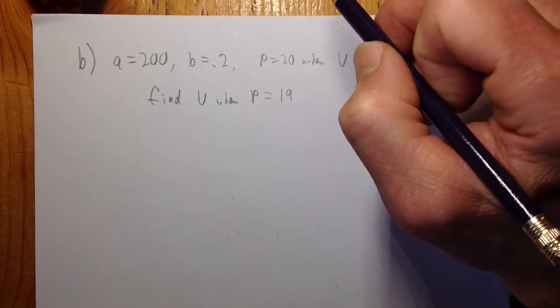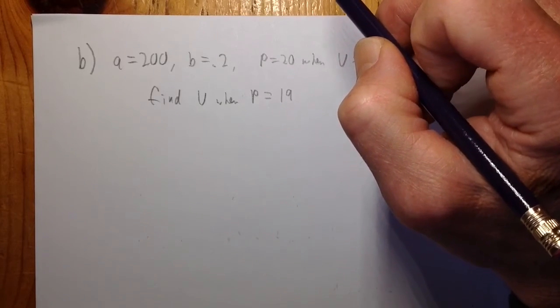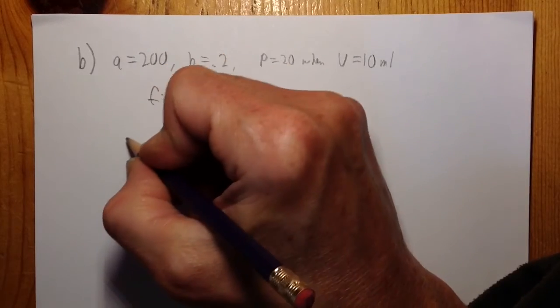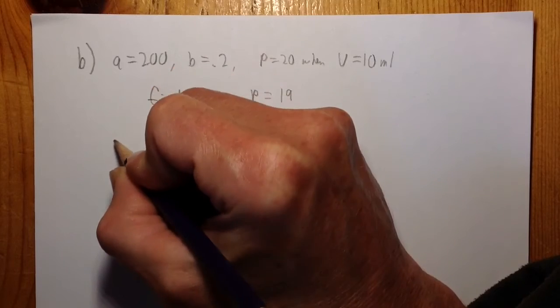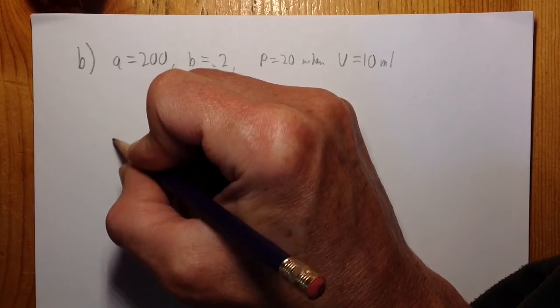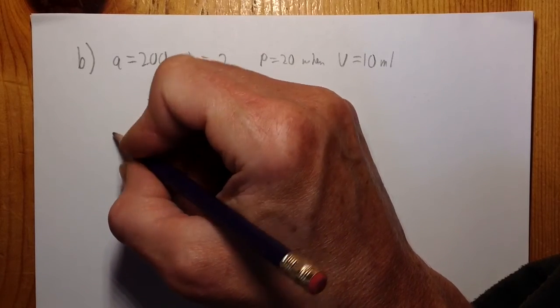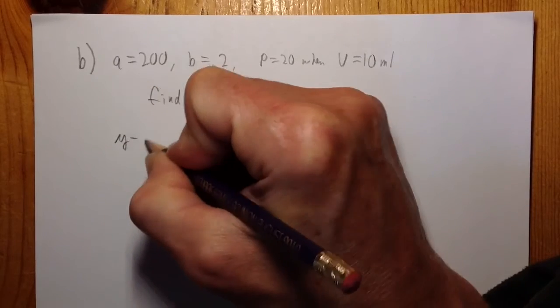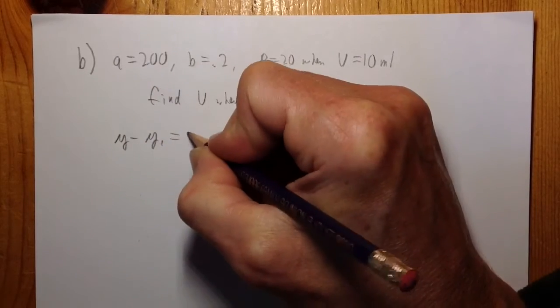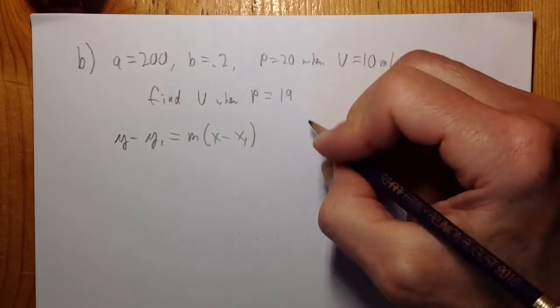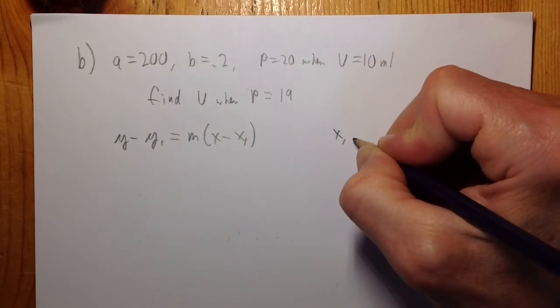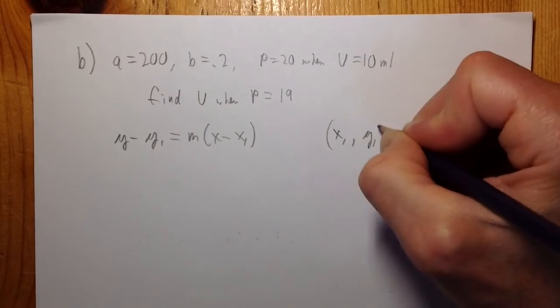Okay, so the way you do any linear approximation is, again, we use the formula for a line, right? So we think, okay, what's the formula for a line? What we need is 1 point, and we go y minus y1 equals the slope times x minus x1, where we have a point x1 comma y1.